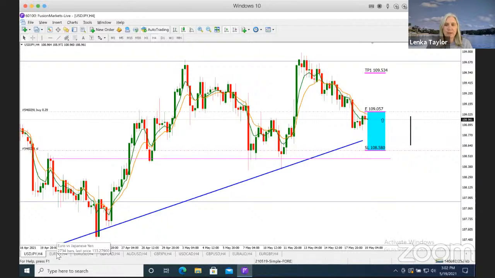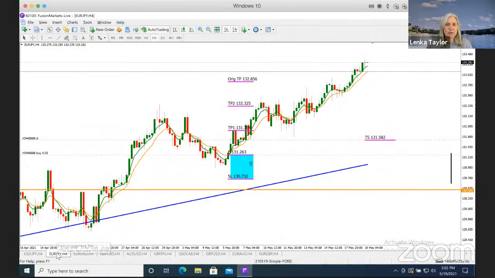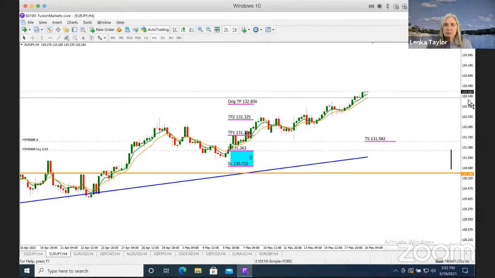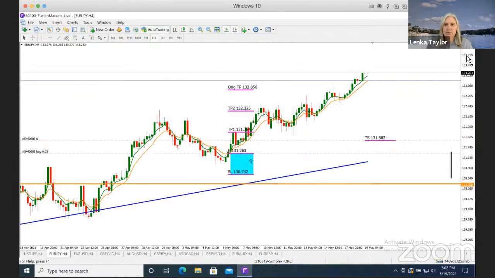The next currency pair I'm going to have a look at is EURJPY. This trade I'm still in from a couple of weeks ago, holding the long position. So still holding there.